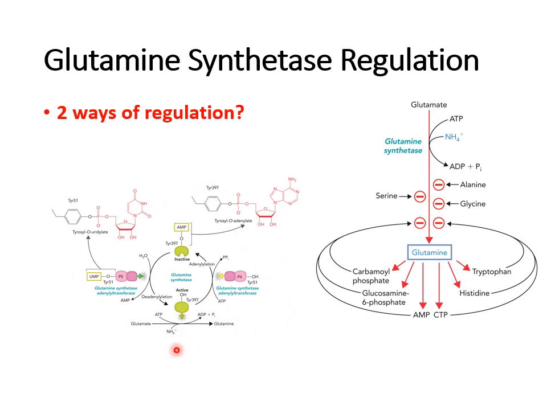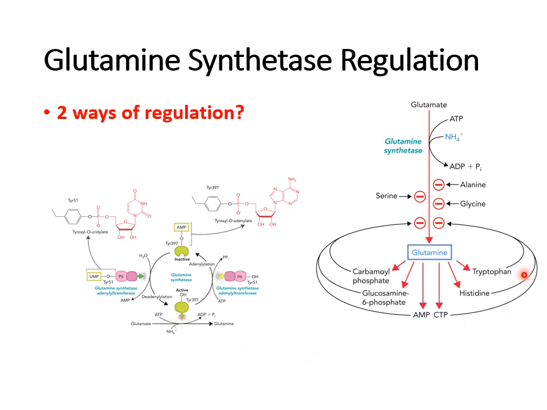Previously, when we were regulating enzymes in former chapters, we mentioned a lot of times covalent modification of phosphorylation in terms of regulation. But here, it's not phosphorylation. Instead, you're seeing adenylation. So you have adenylation over here and then deadenylation over here to be able to turn the enzyme into the inactive form versus the active form.